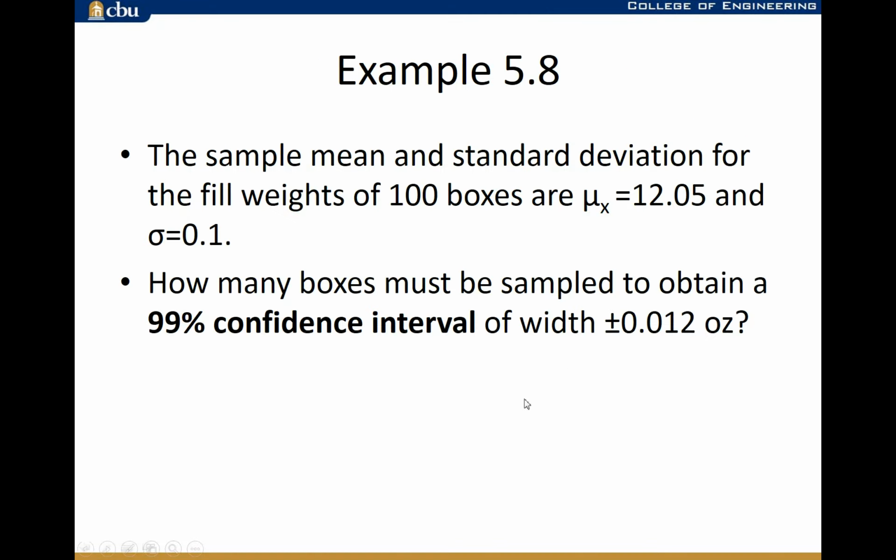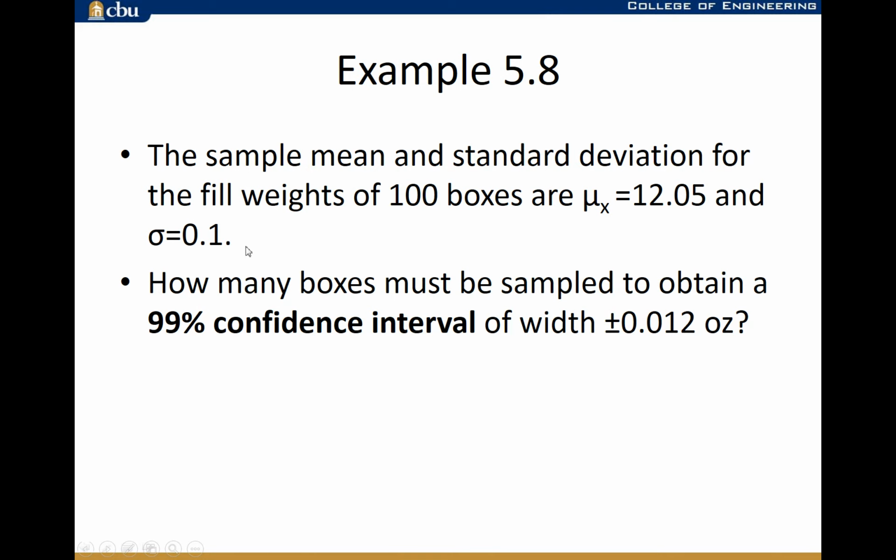Okay, let's look at one example we have. The sampling mean and the standard deviation for the fill weights of 100 bucks are: the sample mean is 12.05 and the standard deviation is 0.1.